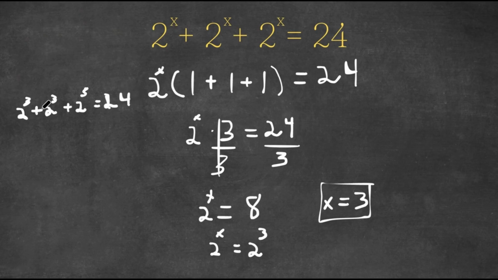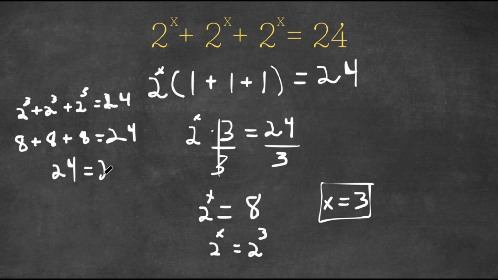Now 2 to the power of 3 is 8, so we have 8 plus 8 plus 8 is equal to 24. 8 plus 8 is 16, and 16 plus 8 is 24, so we are left with 24 is equal to 24. And this is right, so we know our solution is right.